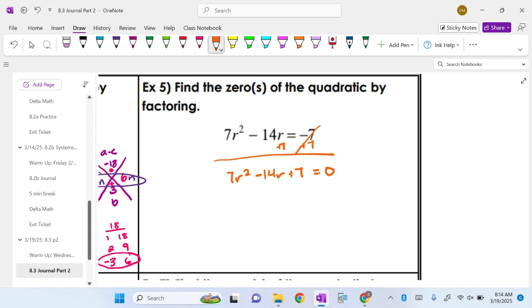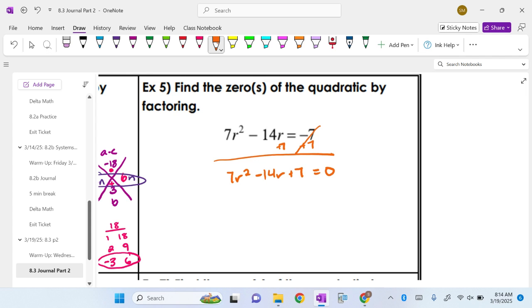Now, what's my next step for factoring? What's the first thing that I always look for when I factor? Anyone remember? What do you always look for first when you factor anything?